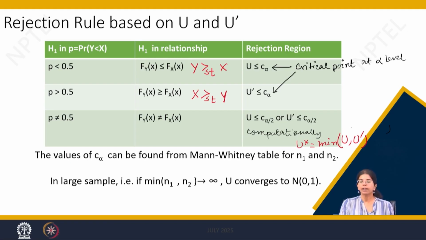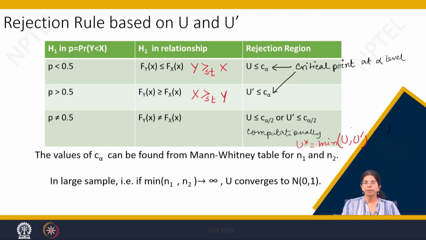And for n1, n2, that means m and n, m means the first sample size, n means the second sample size. So n1 and n2 are synonymous with m and n. For these values n1 and n2 and for alpha, one can see all the critical points from the Mann Whitney U table. Okay.